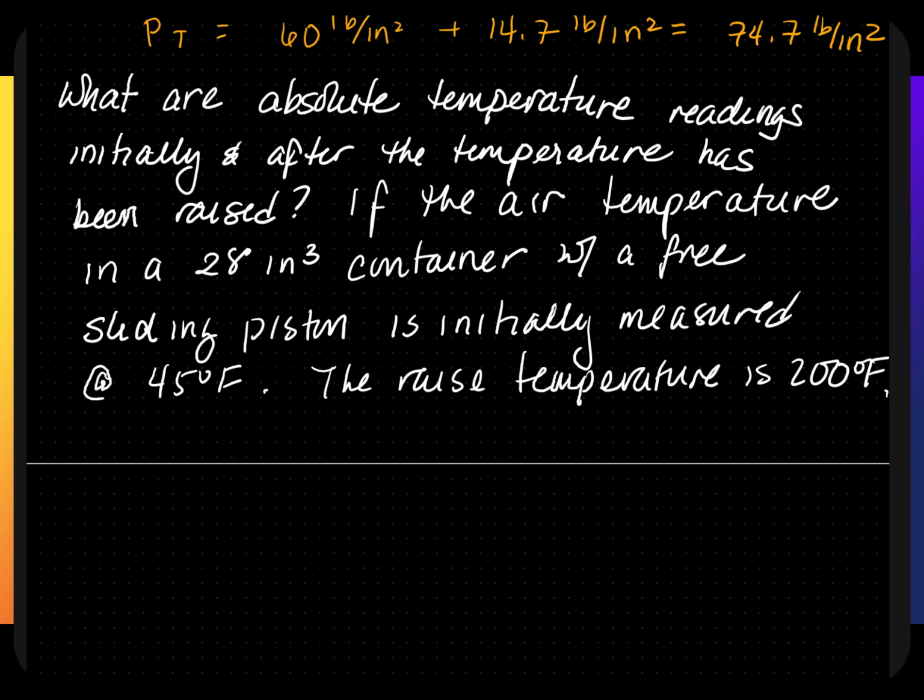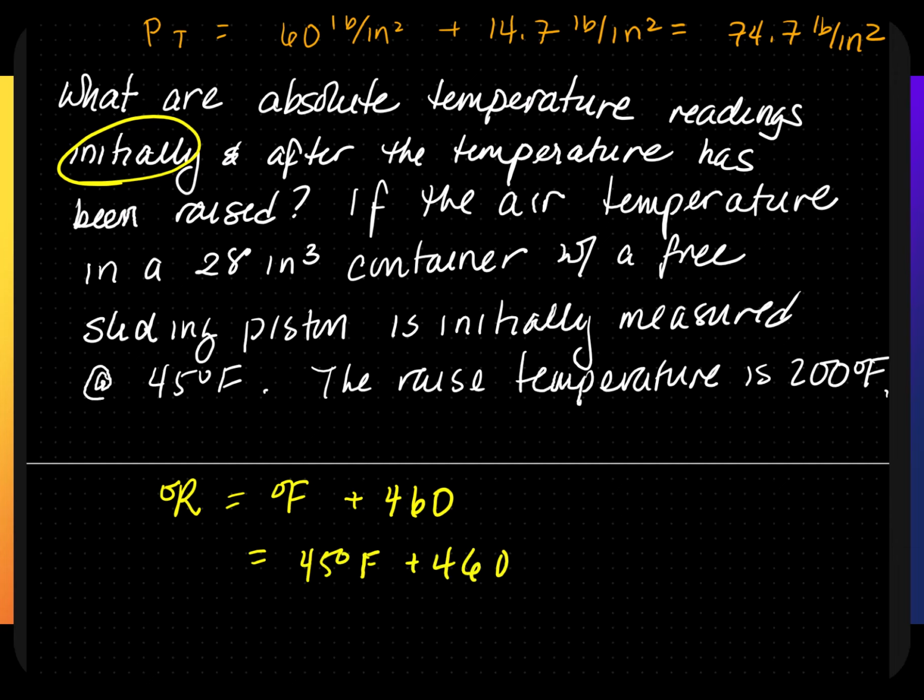Whenever I do gas laws, temperature must be in absolute scale. Since we are in Fahrenheit, we are going to be using Rankine. The Rankine formula tells you degrees R is equal to degrees F, which is Fahrenheit, plus my conversion factor, which is 460. Initially, the temperature was 45 degrees Fahrenheit plus the conversion factor, so my new temperature will be 505 degrees Rankine.